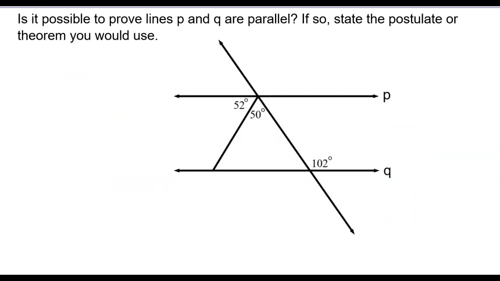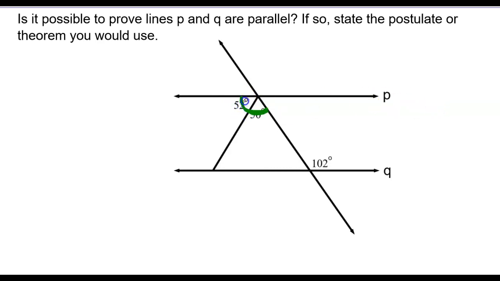Okay. Next question says, is it possible to prove lines P and Q are parallel? If so, state the postulate or theorem you would use. Well, in order to state if things are parallel, we need to prove either angles are supplementary or angles are congruent. Well, we have 102 right here, and we have some information about this angle over here. Well, alternate interior angles would be this big angle that I just highlighted in green.